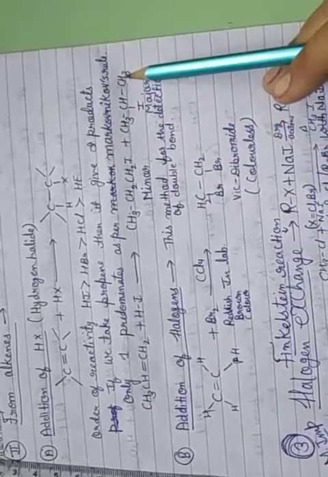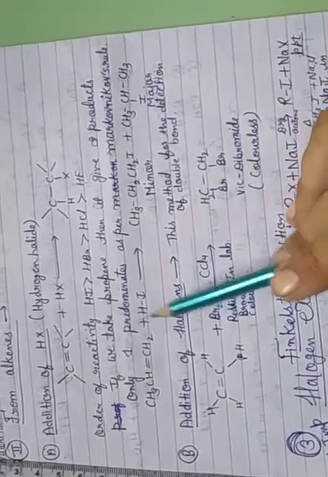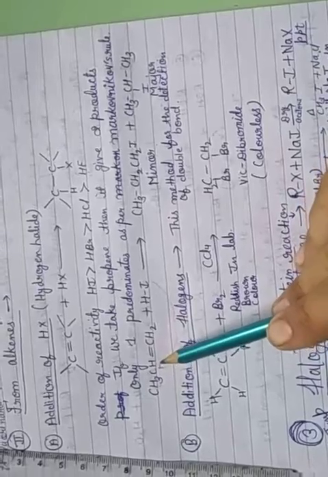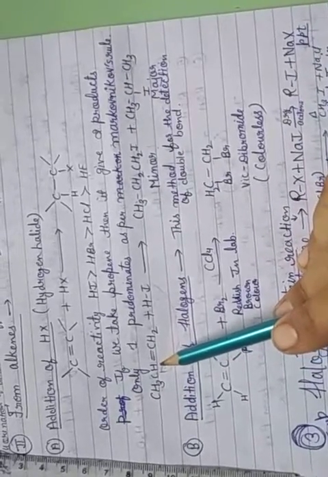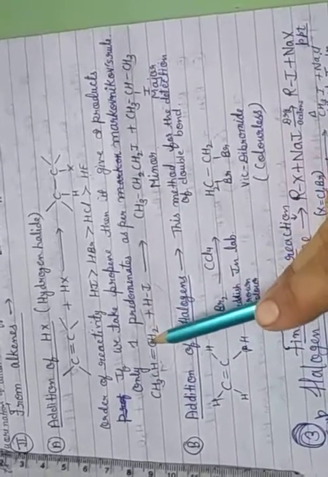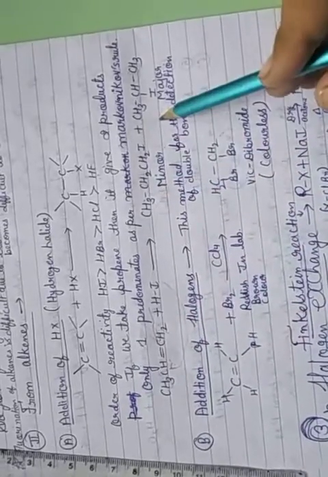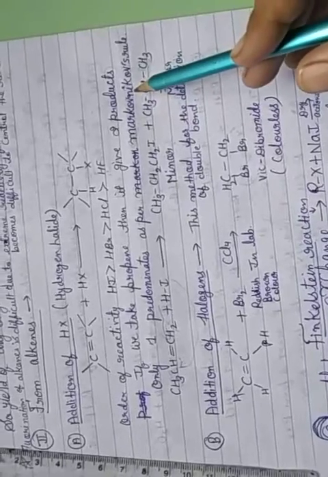The reason is the Markovnikov rule. According to the Markovnikov rule, the electronegative element attaches to the carbon having fewer hydrogen atoms, and hydrogen attaches to the carbon with the maximum number of hydrogen atoms, giving the minor and major products.